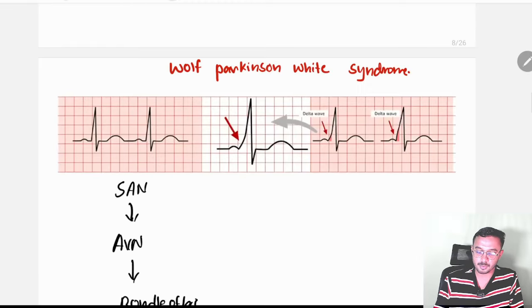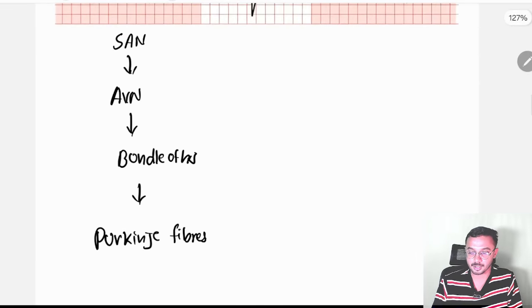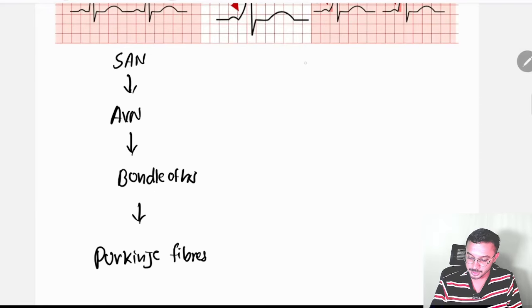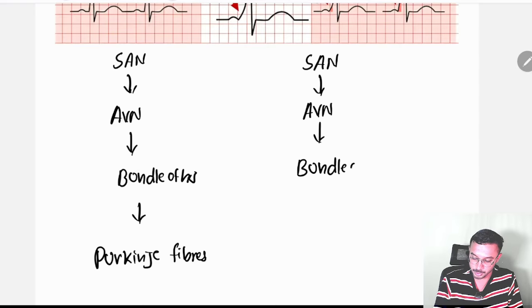So this is the normal conduction system in the heart. But now I will teach you one condition where the current will flow differently. This is the normal condition which I have drawn, but this is an abnormal one which I am going to teach you.